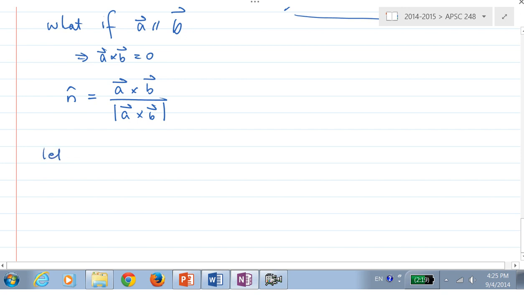So I'm going to let A equal A1, A2, A3. That's the vector. I'll write another set of notation here: A1 i hat plus A2 j hat plus A3 k hat.